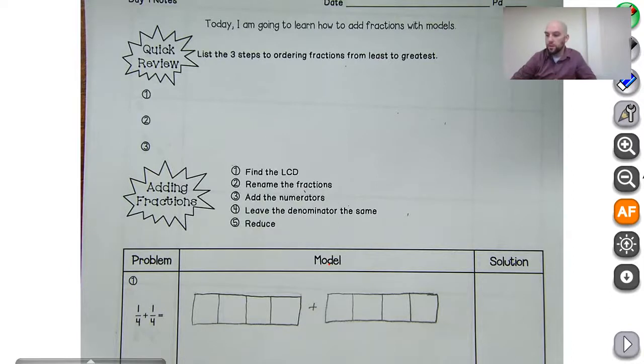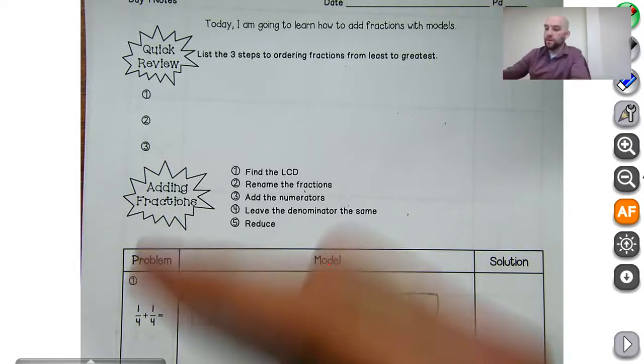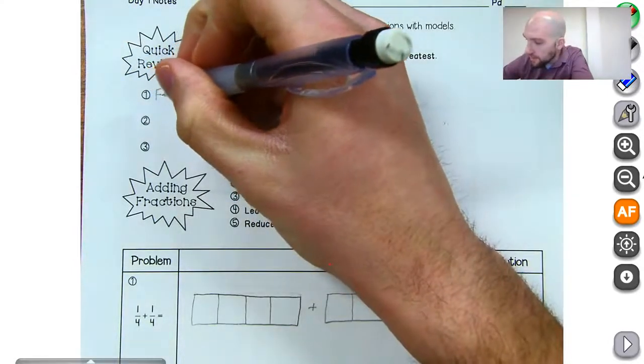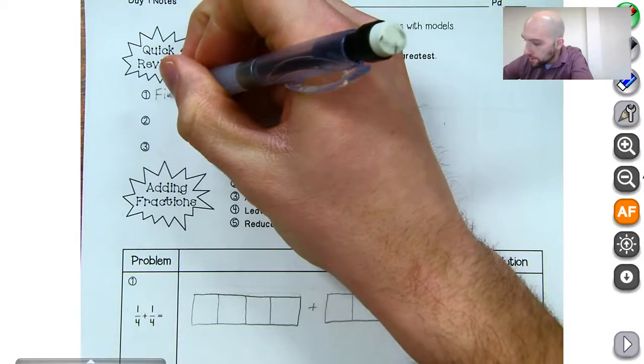Today, we're going to be learning how to add fractions using models. We're going to review first some steps that we can use to order fractions from least to greatest. So the first thing that we want to do when we are ordering fractions from least to greatest is find a common denominator, or a like denominator.